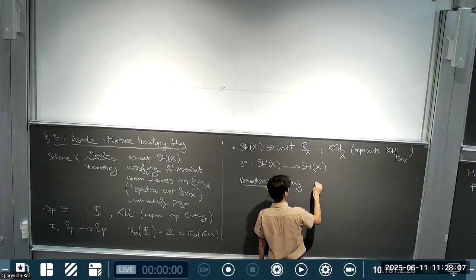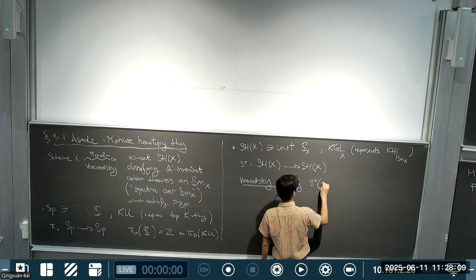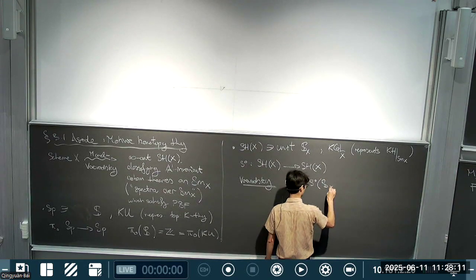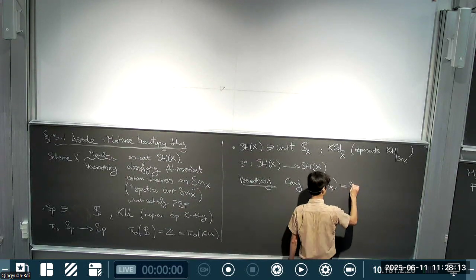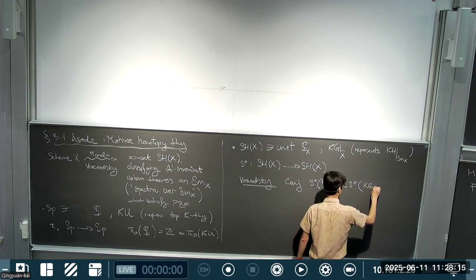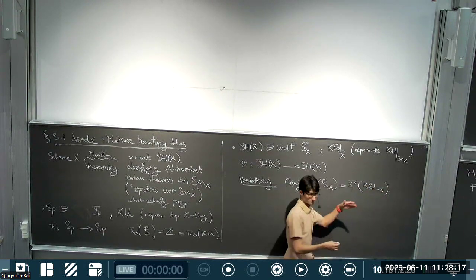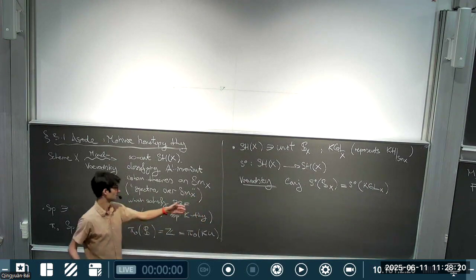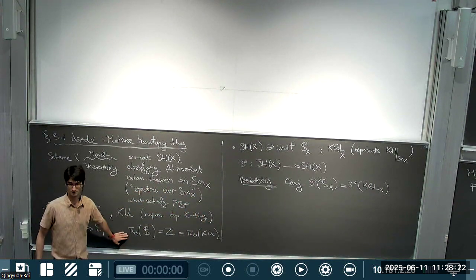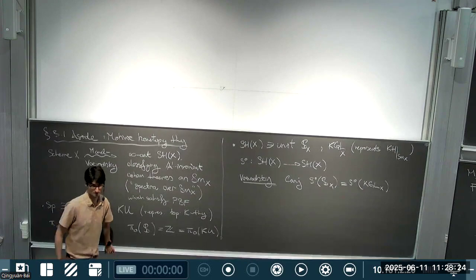Voevodsky then made a conjecture that the zero slice of the motivic sphere should be the same as the zero slice of the object representing A1 invariant K theory, as a motivic analog of the identification of the sphere and KU.